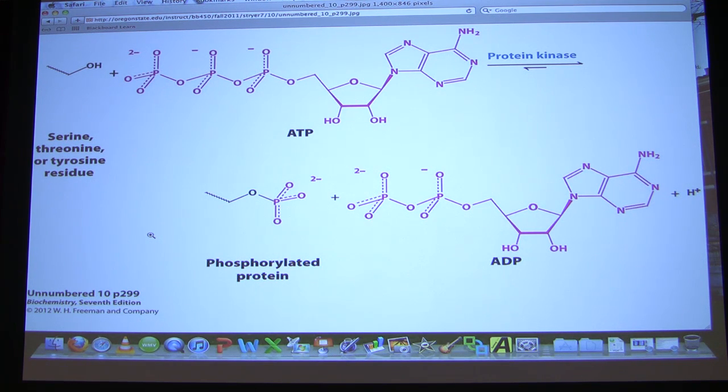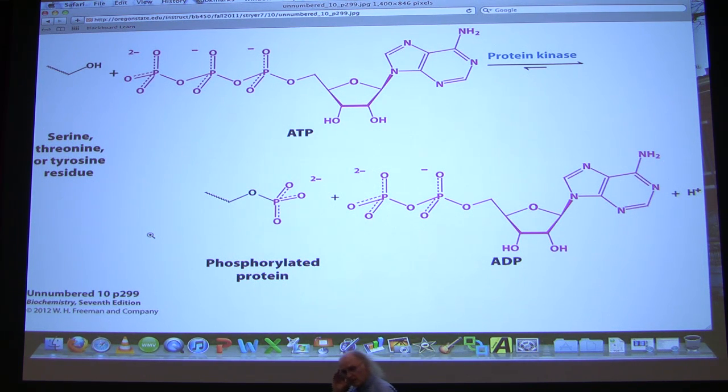Other protein kinases prefer to put it onto tyrosine. And we'll see when we talk about signaling that the tyrosine kinases are really interesting. They're intimately involved in controlling cells' decision to divide or not divide. This plays a role in cancer and many other processes. Okay?